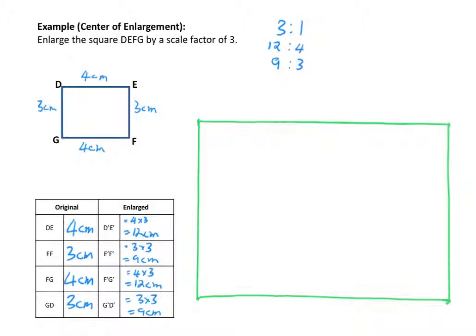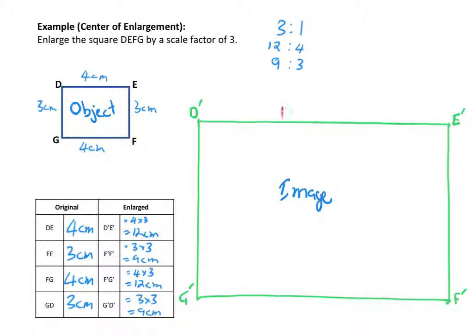So now I can go ahead and label my new rectangle, which I have drawn using a scale factor of 3 from my original image. My original image is going to be the object, and my new one is going to be the image.